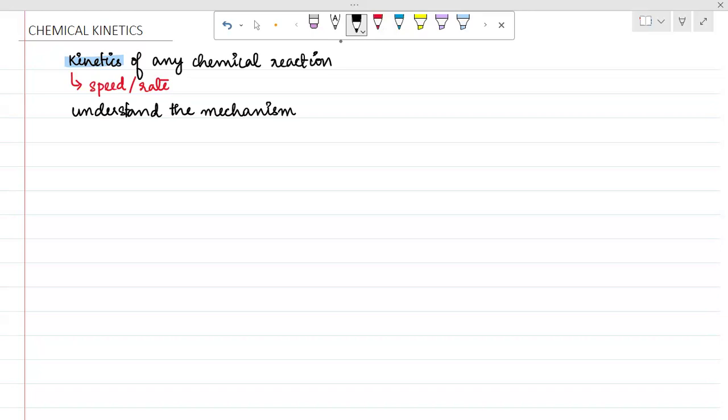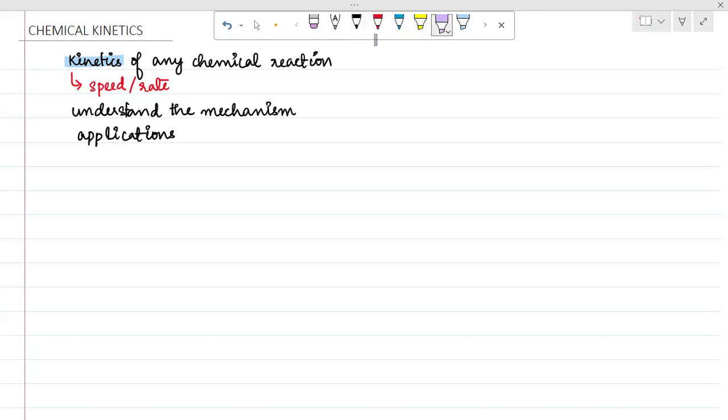So it will give us some idea of the mechanism which can be used for various applications. Now, what are those applications? I'll discuss that shortly. So this is a very brief introduction of what chemical kinetics is and what it can be used for. Now, can it be used to learn all the types of chemical reactions?